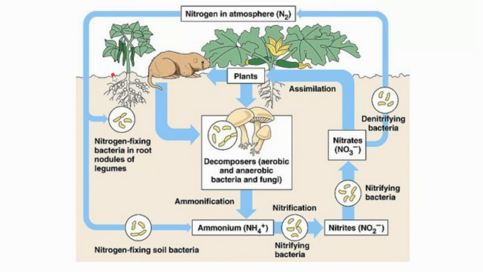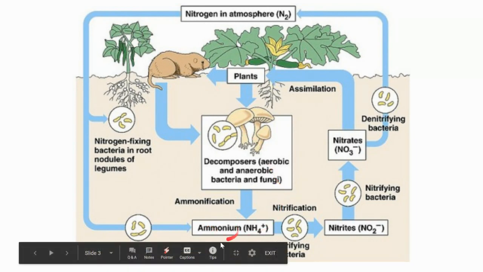So the nitrates get taken up into plants, and those plants get eaten by our little muskrat looking thing over here. And when it dies or when it defecates, whatever nitrogen is left can be decomposed, and that decomposition creates more ammonium, which then is nitrified into nitrates and either taken back up into plants or released into the atmosphere.